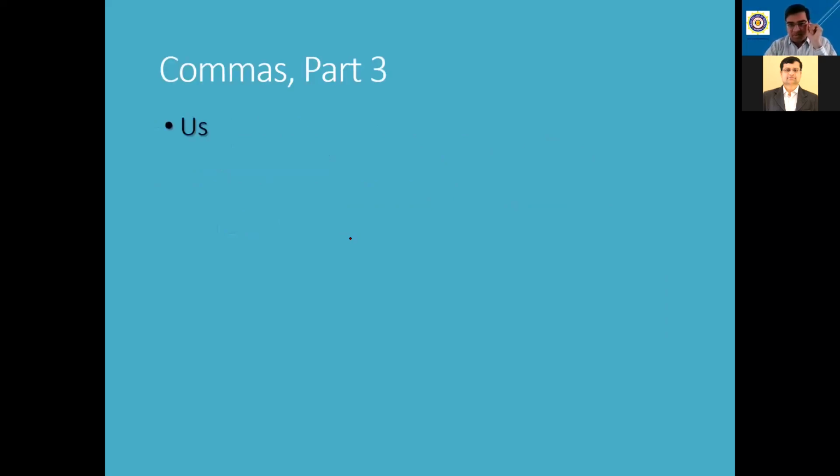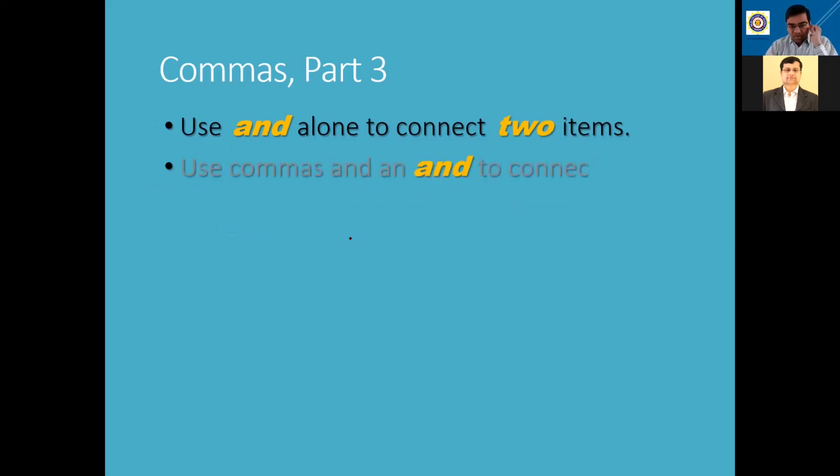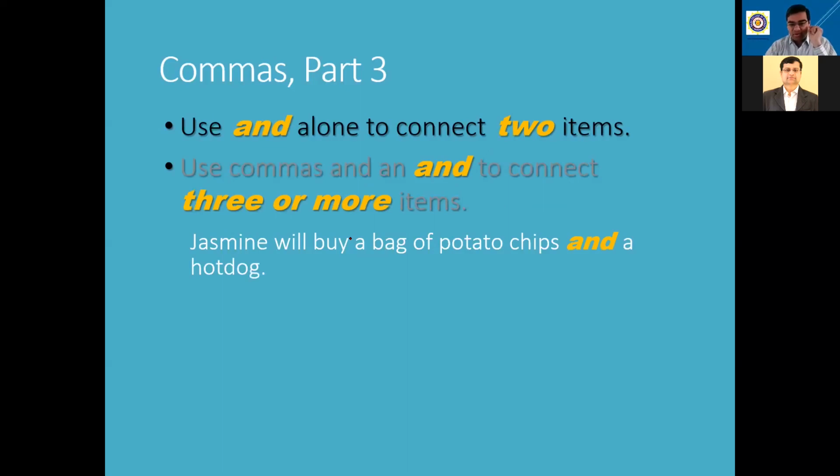Third use of comma: use and alone to connect two items. Use and alone to connect two items. Use commas and to connect three or more items. Jasmine will buy a bag of potato chips and a hot dog.